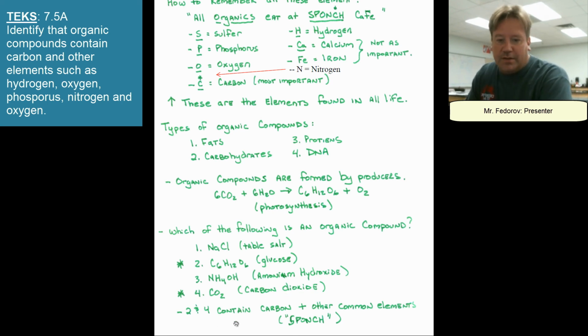So I would have starred that. So both 2 and 4 contain carbon compounds and other elements, the other elements which are included in SPONCH. So for that reason, number 2 and number 4 are considered organic compounds.